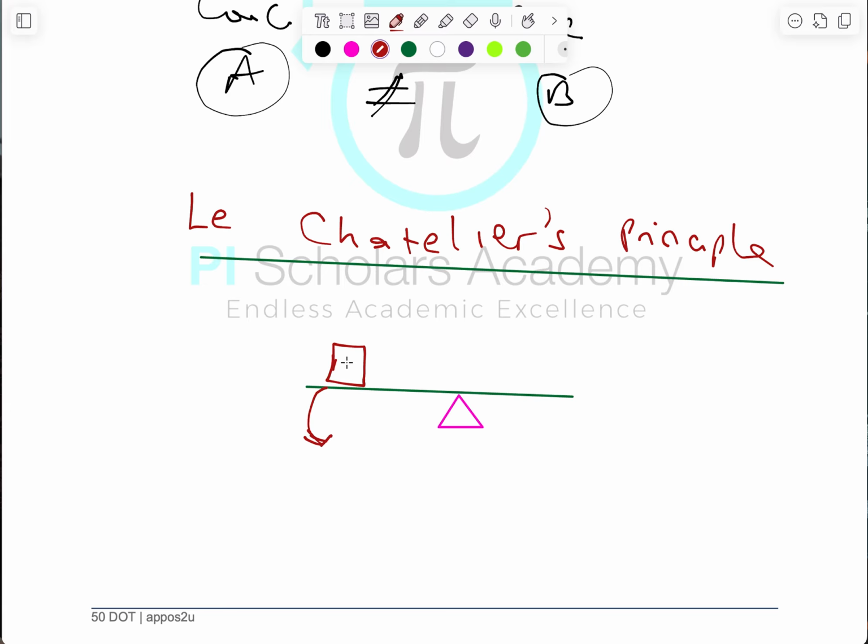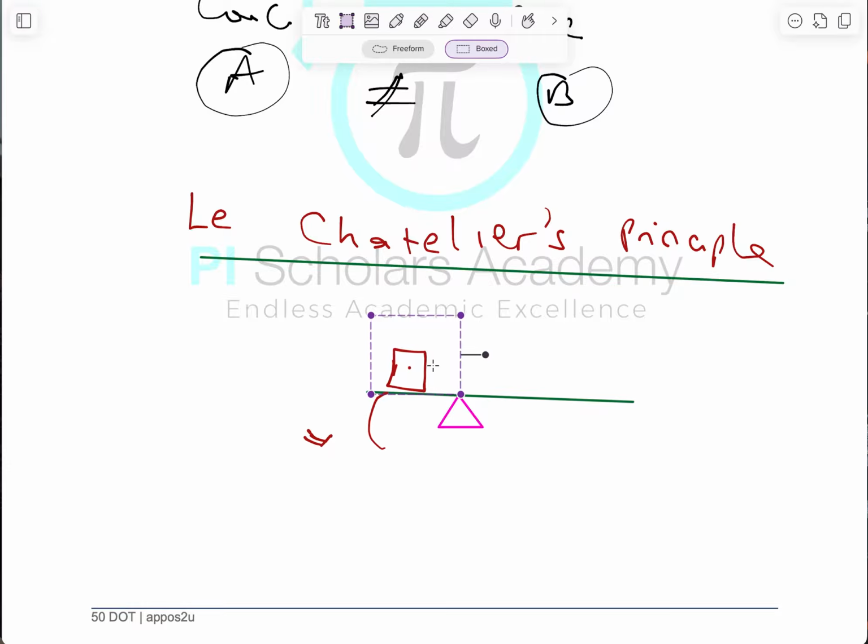Introducing this mass will cause it to tilt this way, so the system is going to balance itself. What it does is shift the equilibrium position. It favors a particular reaction. As you can see now, the right has an extended length and the left has a reduced length. So this is exactly what Le Chatelier's principle is talking about.